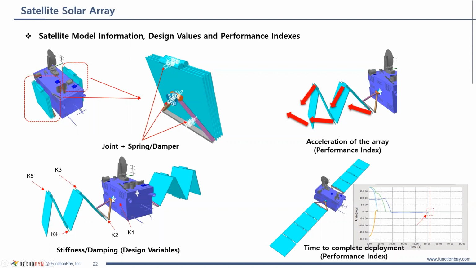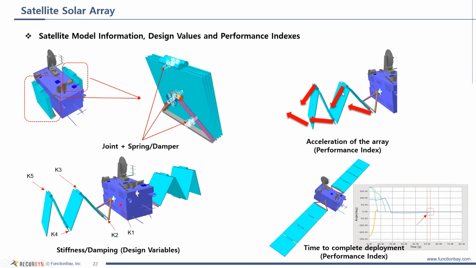So we have a rotational spring here at the base of the arm, and then a couple more springs located as we go down to the end of the last panel. And then there's also some damping value applied to those rotational springs.